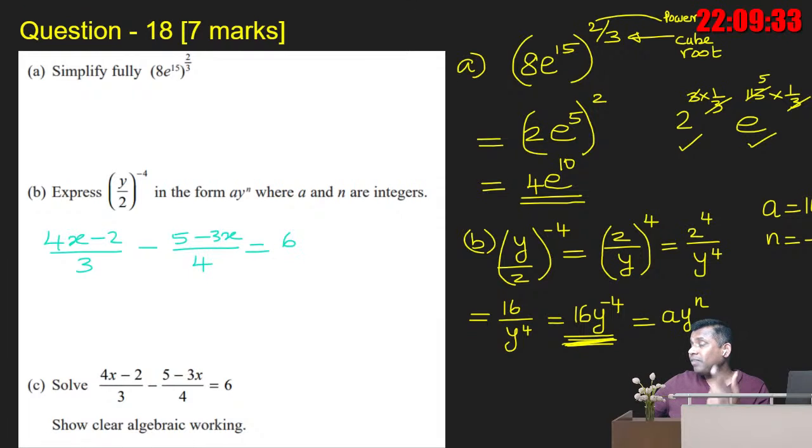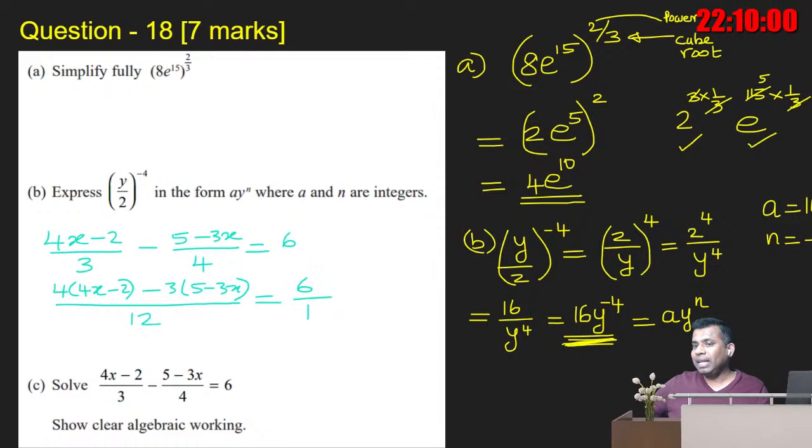Look at the marks, it's a 7 marker, worth spending some time to learn how to do this question. So with 3 and 4, as we said last class, we use the butterfly method. Butterfly method means you multiply 4 times (4x minus 2) and minus 3 times (5 minus 3x), over 3 times 4 which is 12, equals 6 over 1, right?